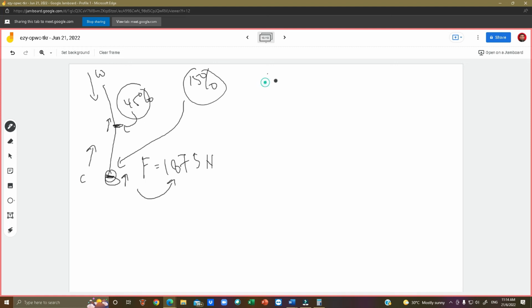Okay, ni clue dia. Force transmitted, total force transmitted is 1875. Sorry, force transmitted pula. Force of the impact. Force transmitted. Okay, force impact. So force transmitted, ni formula dia.